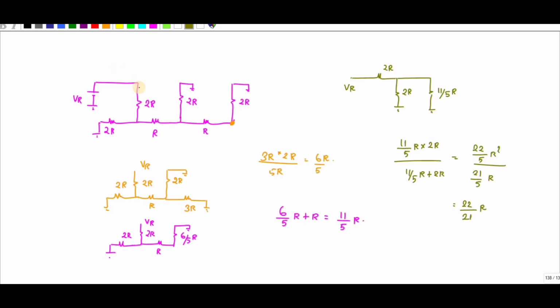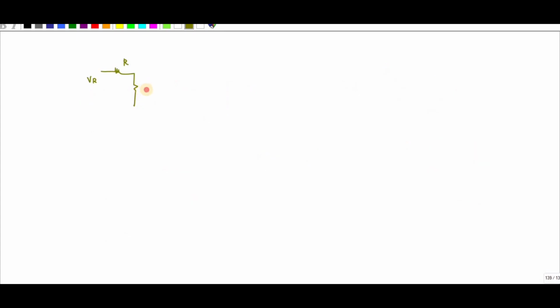So I can redraw the circuit as R, VR, and this is 22 by 21 R, and this is 2R.